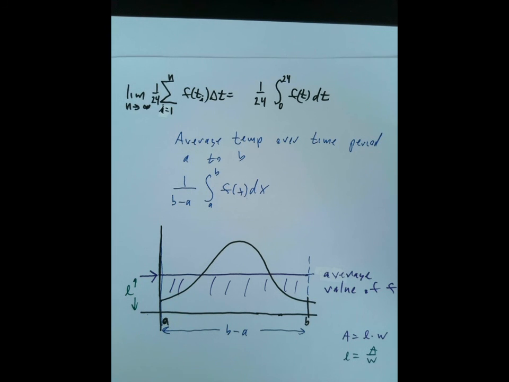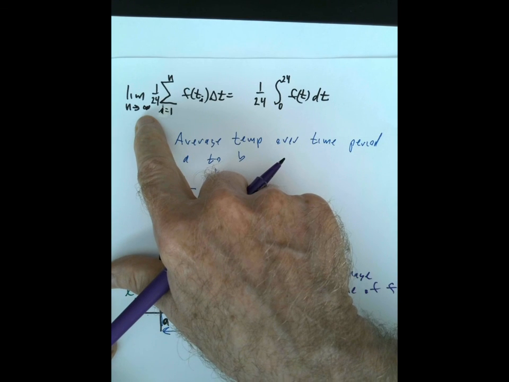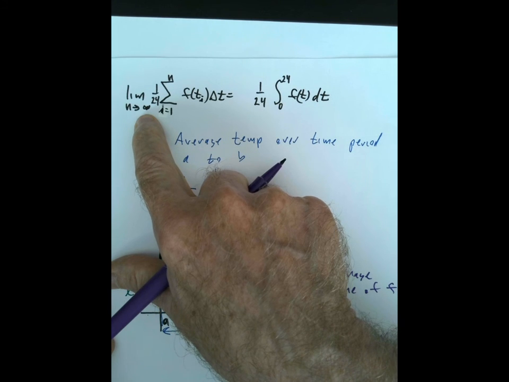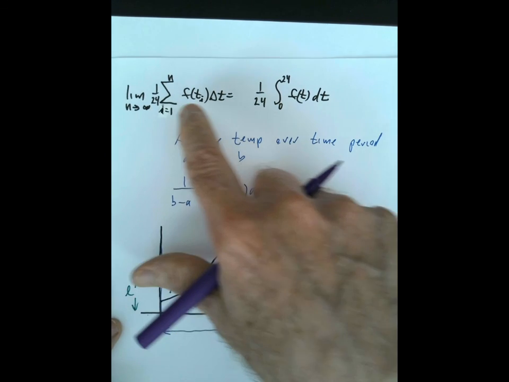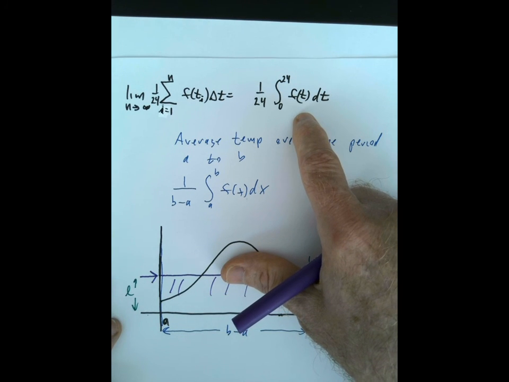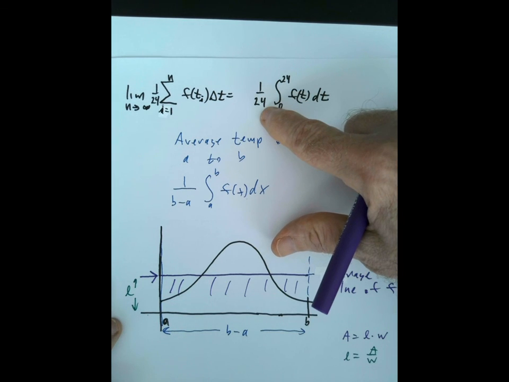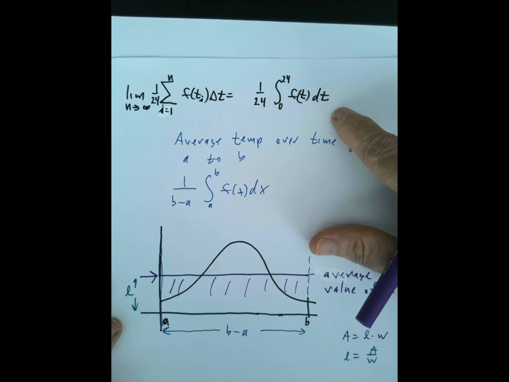Each one of those written as a fraction of an hour would give us more and more time intervals, and we let the number of times we measure the temperature over that 24-hour period go to infinity. Well, this gives us the definite integral of 1 over 24 from 0 to 24 of f of t dt.